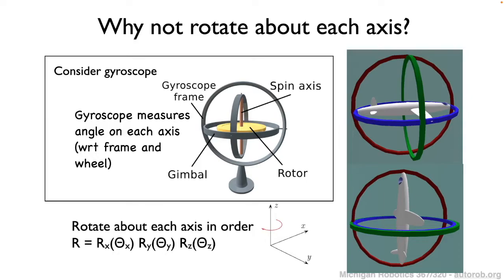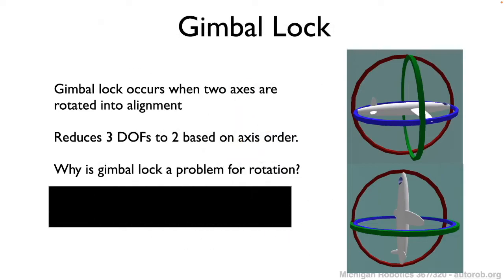And so with this framework in mind, one of the issues that doing these sequences of rotations can cause, this Euler angle rotation, is what's known as gimbal lock. Gimbal lock is what occurs when 2 of the axes are rotated into alignment.